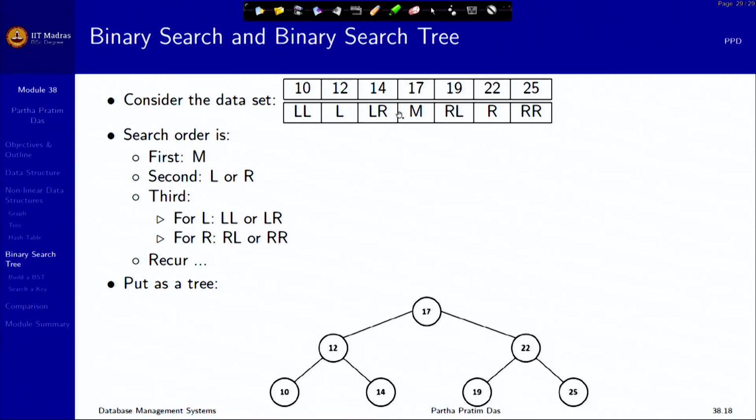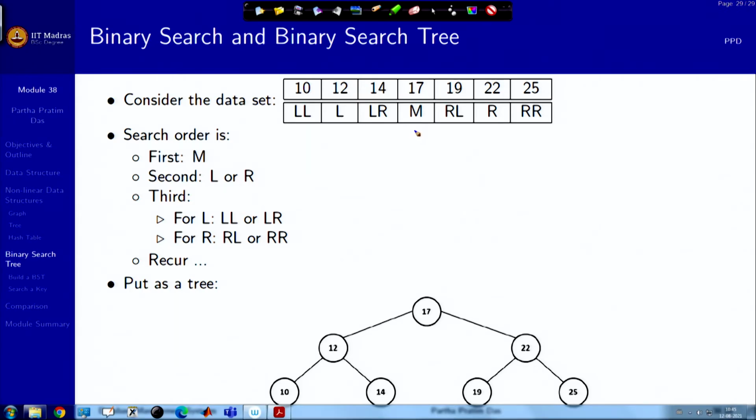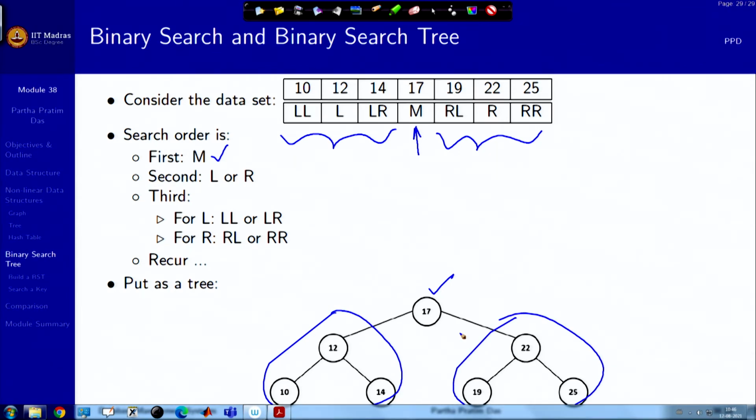So, I will just illustrate through an example. Consider a data set having 7 data elements. I have purposefully chosen 7 not to get into fractions. So, they are sorted here, and this is the middle element. So, no matter what your key is, this is where you will do the first search, right? And I put that as the root of the tree. Then these form my left subarray, these form my right subarray, left subtree, right subtree.